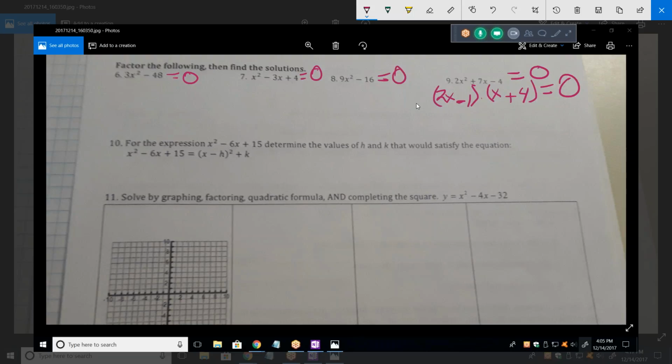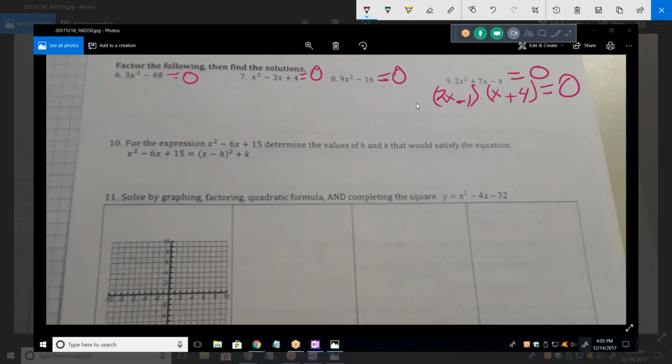So you have 2 things multiplied together equals 0. Right. So what does that mean? Name me 2 numbers that multiply together that equal 0. 0.